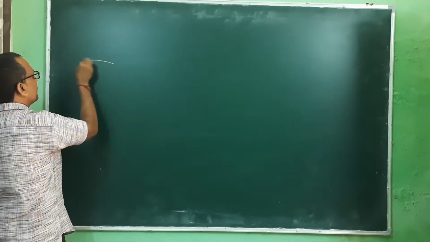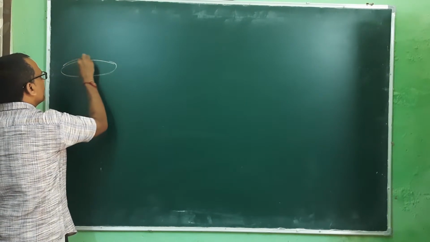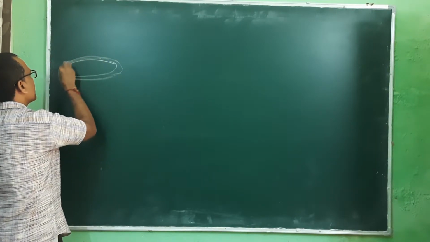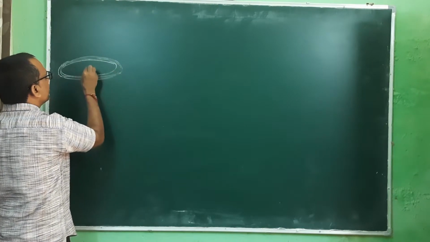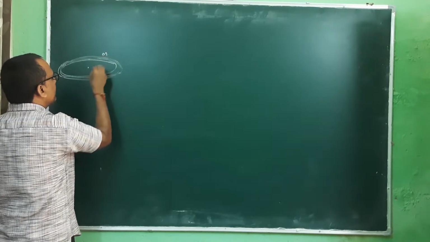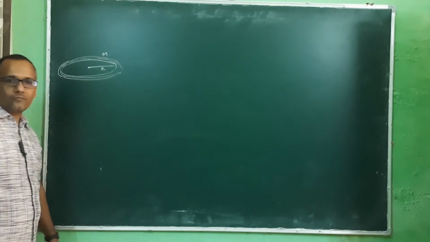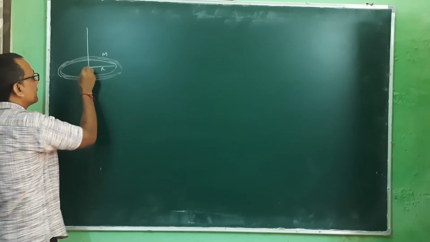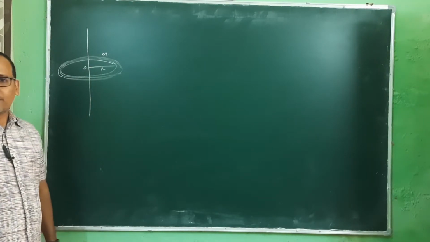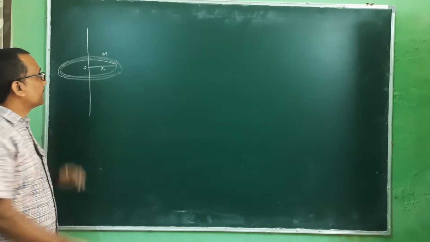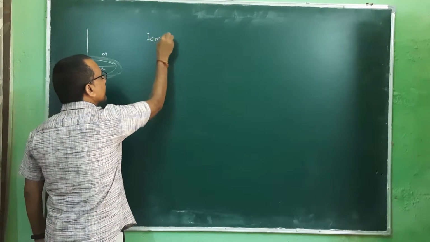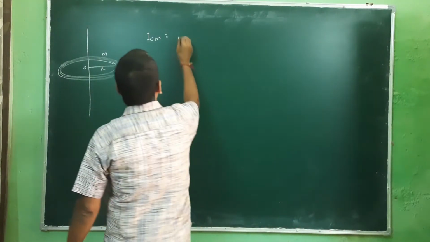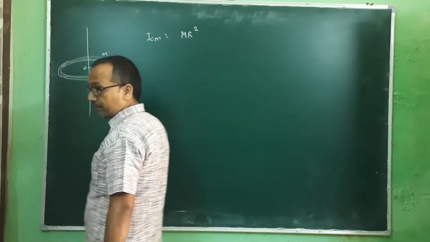So this is a ring where the mass is distributed on this, and the total mass is m and the radius is r. What we have calculated, this moment of inertia when this is the center, is ICM, center of mass, and it is equivalent to mr square. We have calculated this. Remember this?